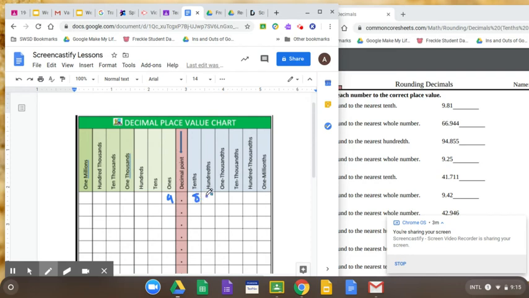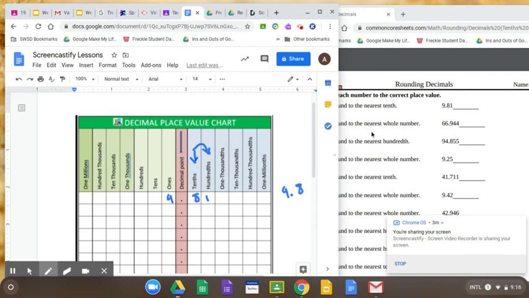And then we have a 1. So the 8 is in the tenths place. So we look next door to tell us what to do with it. And next door is a 1. So this 1 becomes a 0, and the answer for that one would be 9.8.